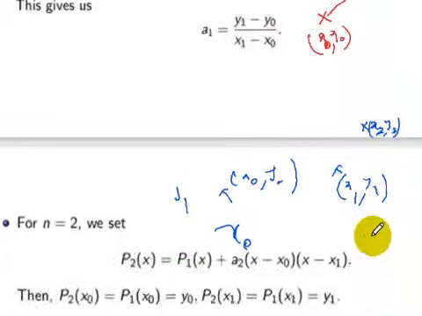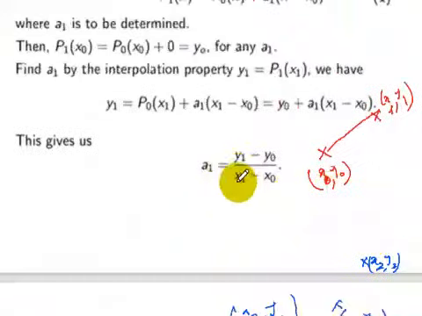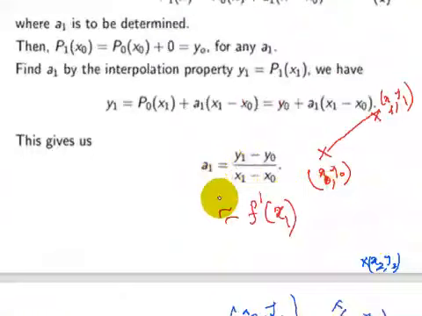Let's look at a1. That's the idea. This one is approximately equal to f prime evaluated at x1, something like that.